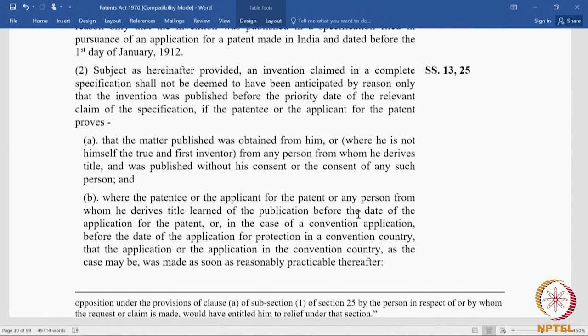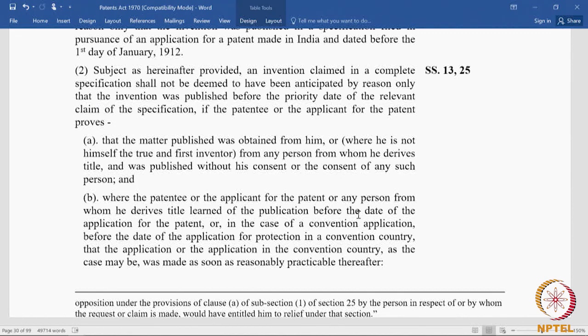Secondly, which is covered in B, he has to follow it up with an application as soon as possible. So, he came to know about the publication, he did not want the material covered in the disclosure to come into the public domain, but it had come. So, he should quickly file an application.